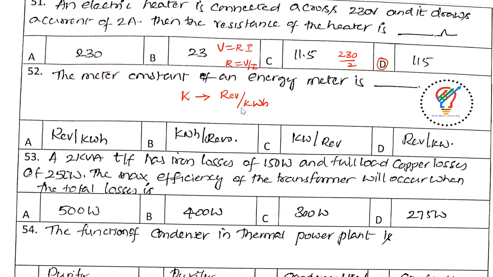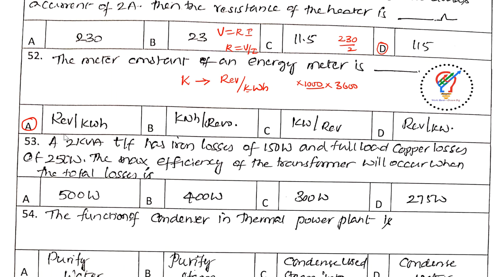The reason is that we multiply by 1000 to get kilowatt, and for hours it is 3600, because in that problem the given data is in seconds and in watts. The options are revolutions per kilowatt hour, kilowatt hour per revolution, kilowatt per revolution, revolution per kilowatt. So you know the answer: it is revolution per kilowatt hour.